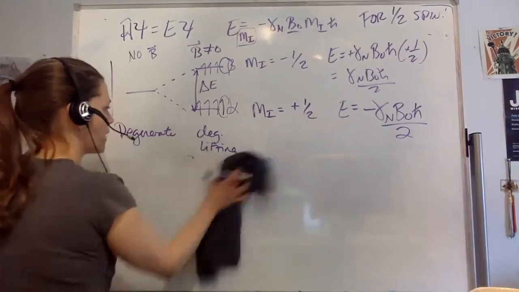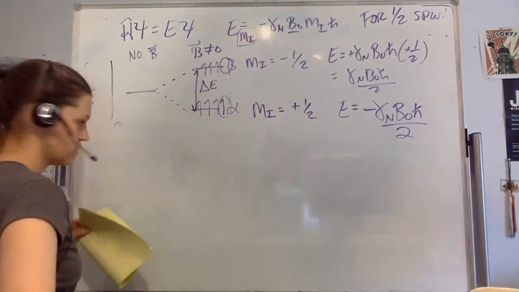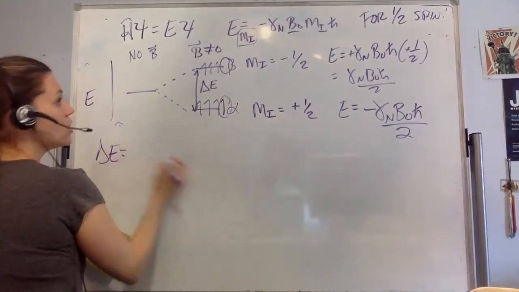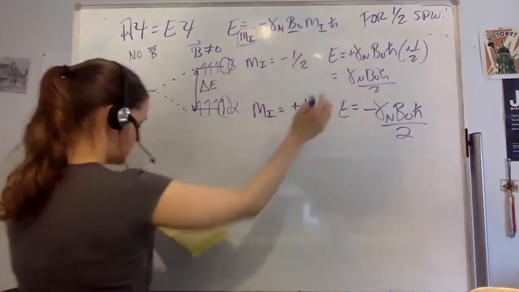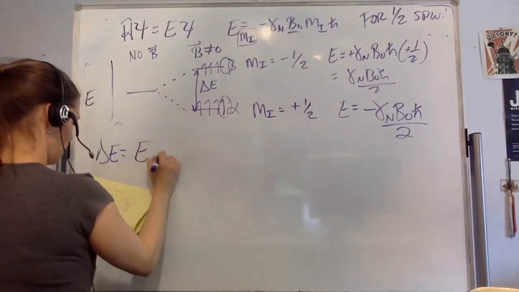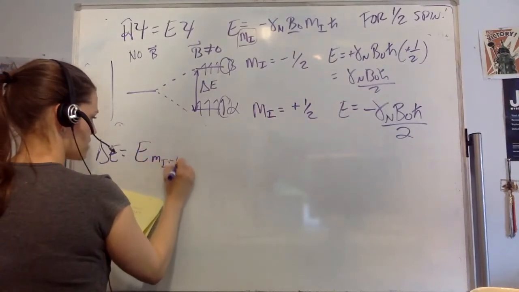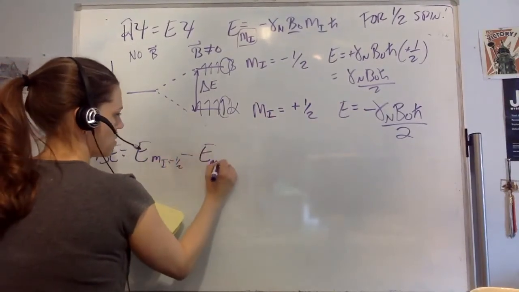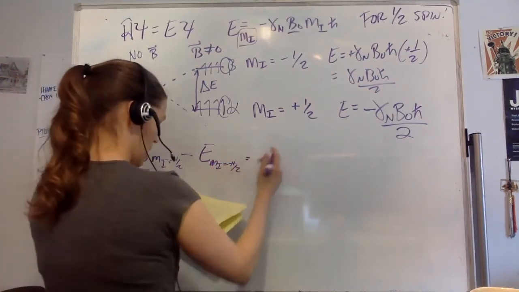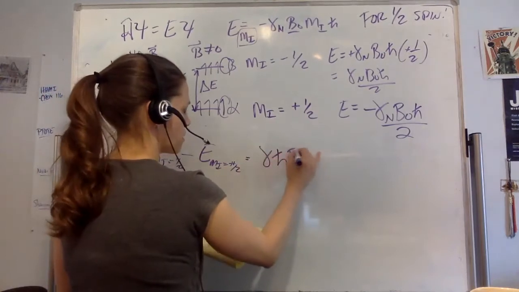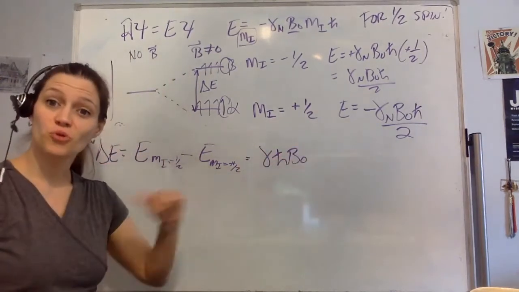Okay, but I care about delta E, which if I take this state minus this state, E of m sub I equal to minus a half minus E of m sub I equal to plus 1/2, I get gamma H bar B0. Prove that to yourself.